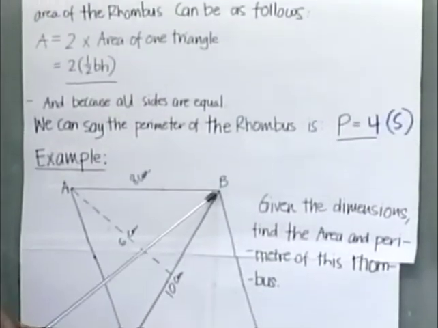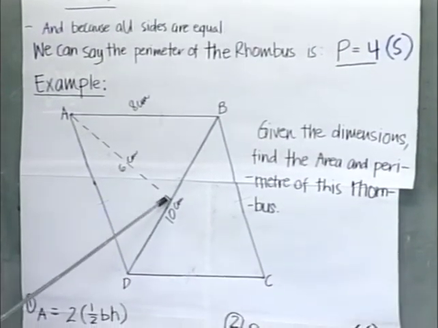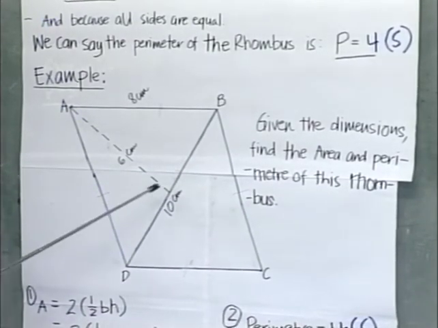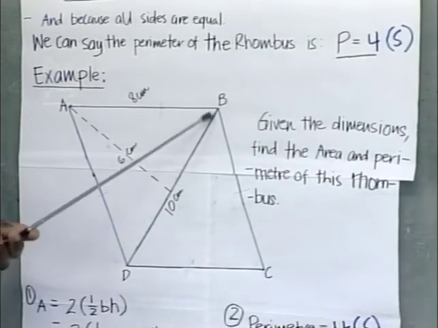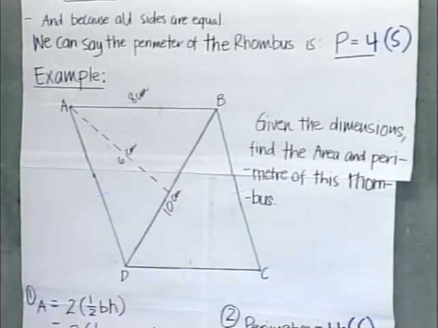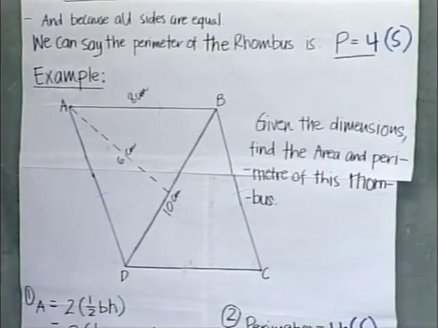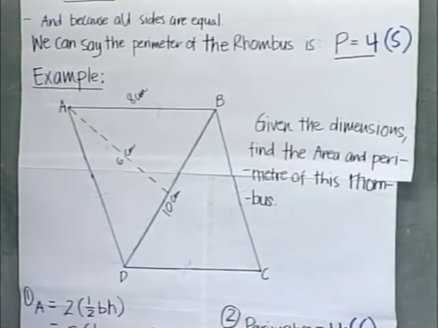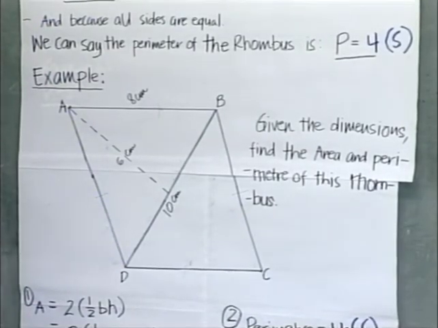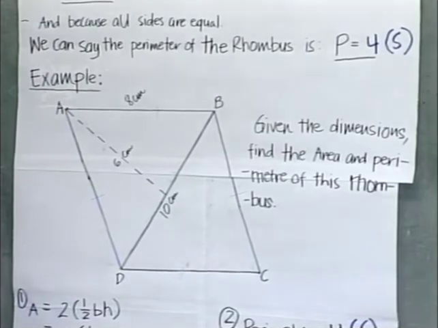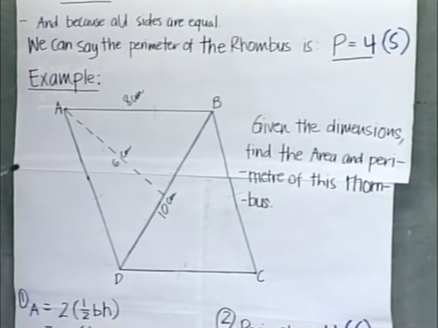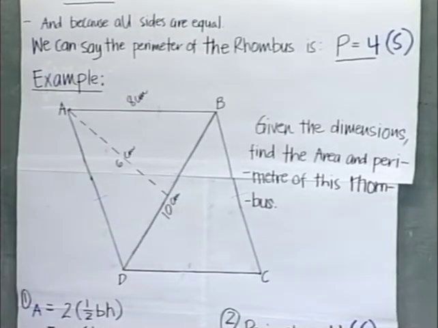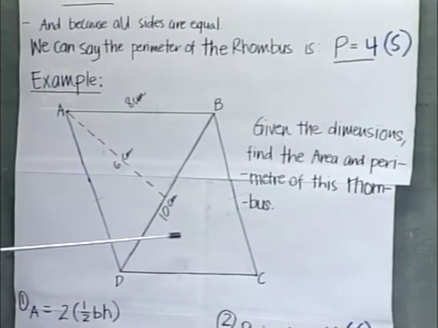If this is 8 and this is 6, using Pythagoras theorem, this length would be what? Are you sure? Six, 8, 10? Is it 5?